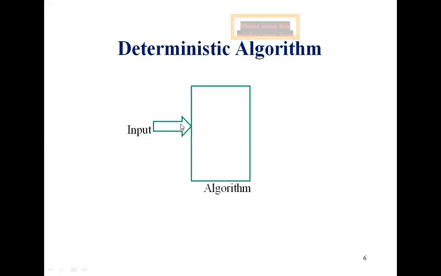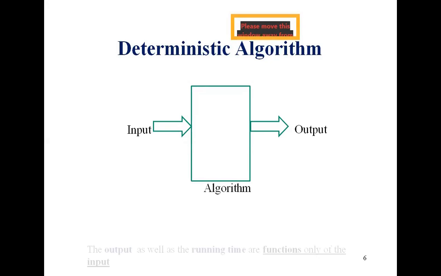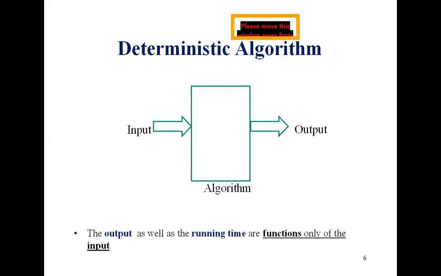This input is given to the algorithm, then you will get the output for that particular algorithm. The output as well as the running time are functions only of the input. So the output is a function of the input that is given to the algorithm.